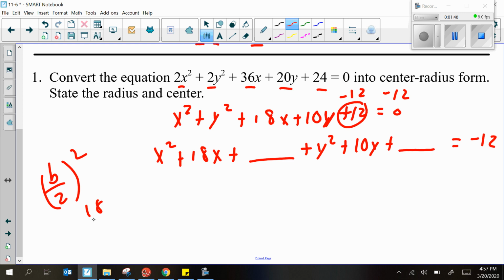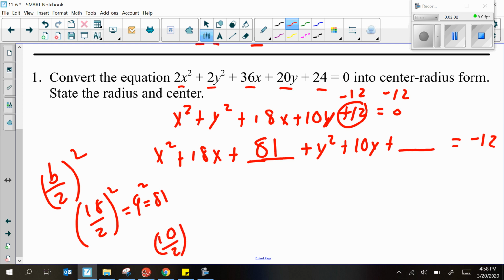So I have 18 divided by 2, and then I'm going to square it. So that's 9 squared, which is 81. And then I have 10 divided by 2 squared, which is 25. And since I added 81 and 25 to the left, I have to add 81 and 25 to the right.